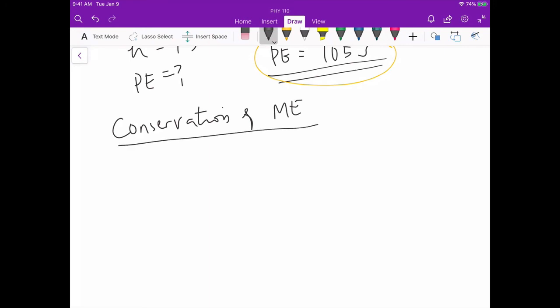So what does it mean? In the absence of friction, air resistance, any drag force, mechanical energy is conserved.